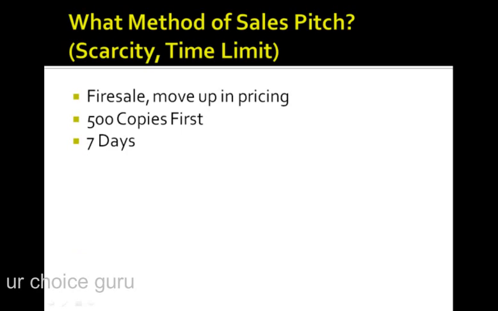If you just say 7 days, it doesn't really use scarcity. If you just say 500 copies, it could take 14 days. But if you combine them, you do a much better job, because the buyer usually does not know which one will come first. I have found personally that usually the 500 copies comes first, but 7 days is there just in case.